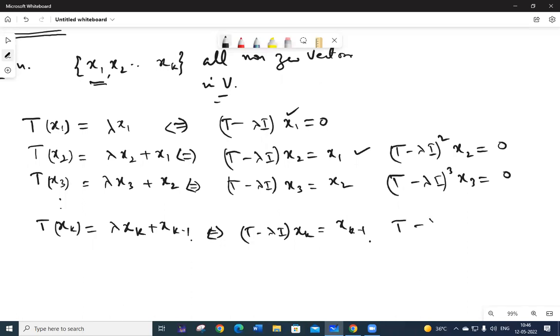So T minus lambda I raised to the power k applied to xk is 0. You are getting this relation.